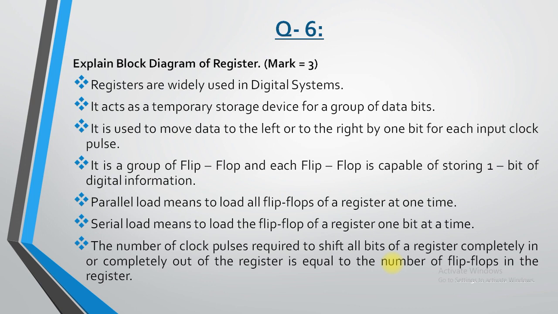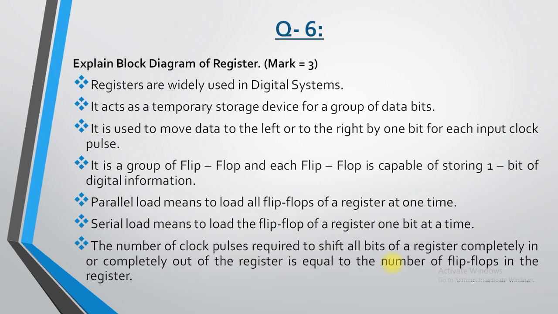One more flip-flop is there, which is called the JK master and slave flip-flop. Do you remember the names of the flip-flops? At that time we learned 4 different types. The 5th one we have not taken, that is the JK master and slave flip-flop. If you have watched the video of flip-flop, then you can understand.